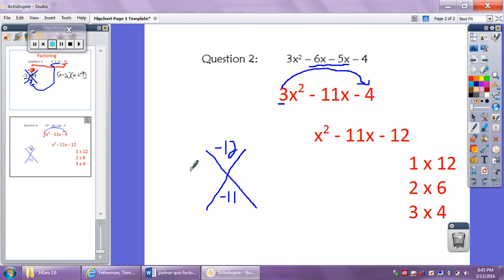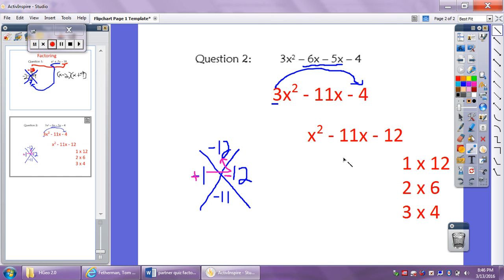So let's start with negative 1 and positive 12. So when I multiply, that gives me negative 12. Perfect. But then when I check here, negative 1 plus 12 is not negative 11. So we have to switch these two signs. So this is our positive and this is our negative number.